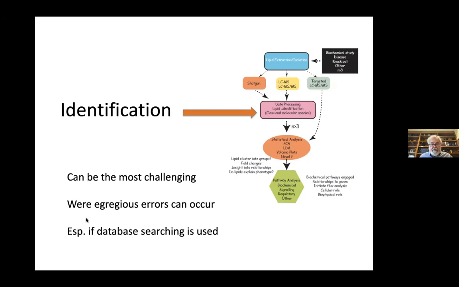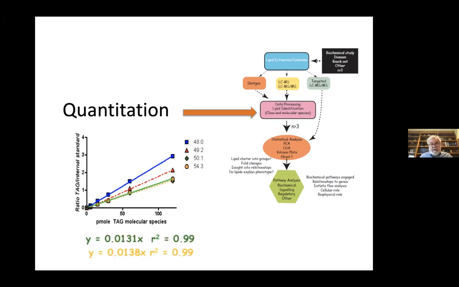There have been some very egregious errors in the literature, which I've had to observe in my role as the editor of a journal, where people think they have identified some compounds as neutral lipids, and they're just totally wrong. And they use database searching without much thought or actually reviewing of the data themselves. And this is really an important part of identification.